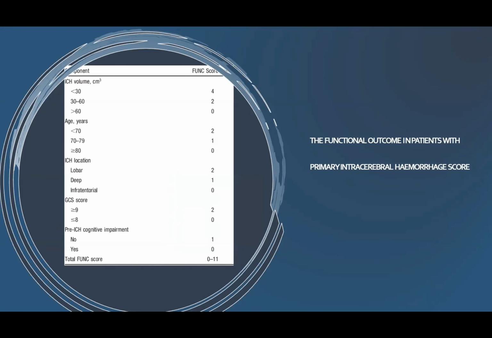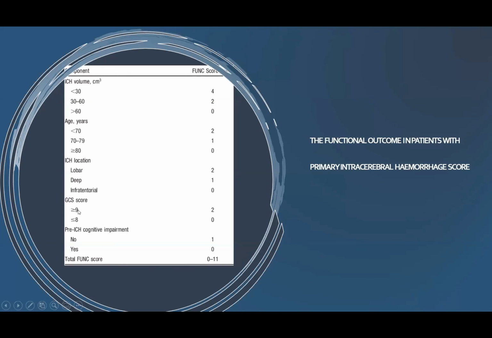We have another scoring system for the functional outcome of these patients. It divides volume, more than 60, age into under 70, 70 to 79, and more than 80, and location into lobar, deep, or infratentorial. Infratentorial means the brainstem and the cerebellum.